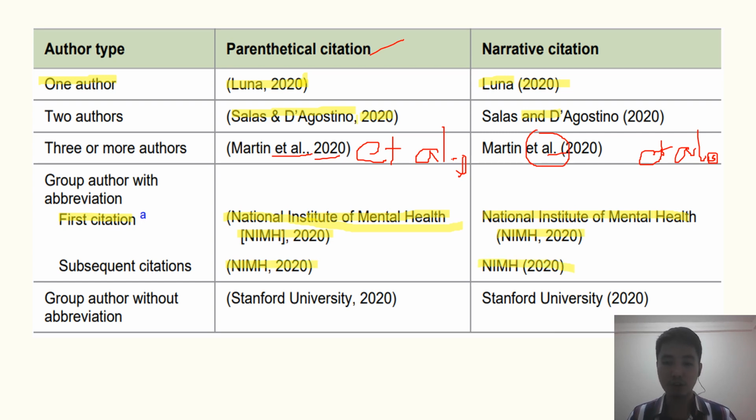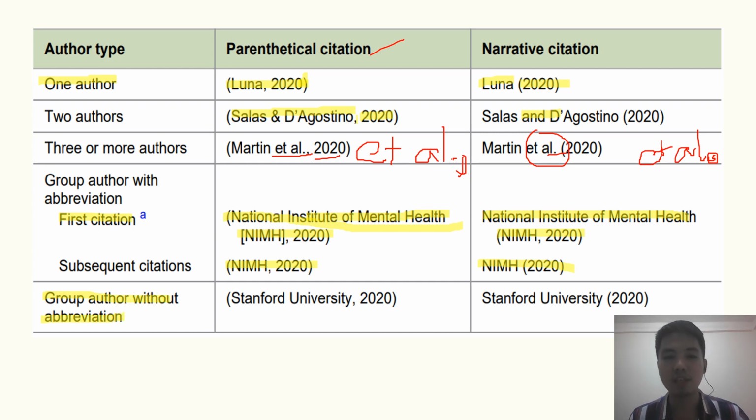But kapag first citation, we spell out. For example, World Health Organization, WHO. On our subsequent paragraphs or writings, ang gamitin na lang natin is the WHO. How about a group author without abbreviation, no?